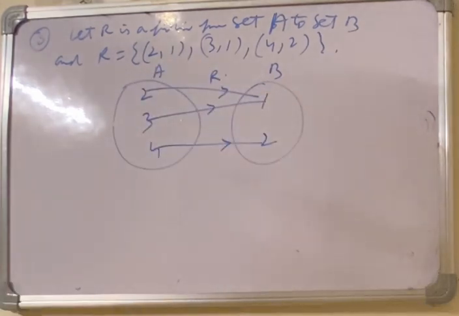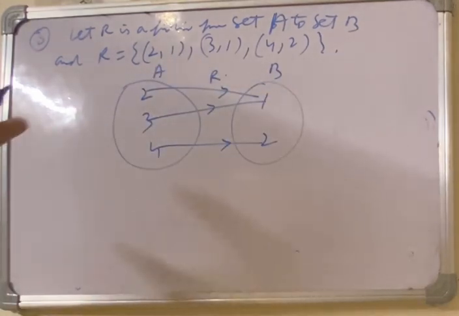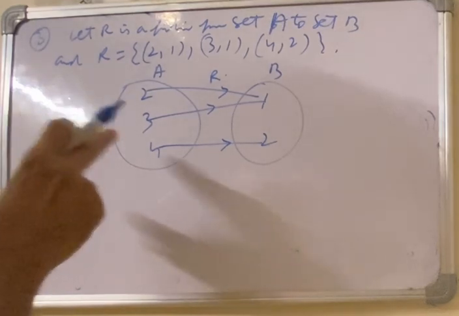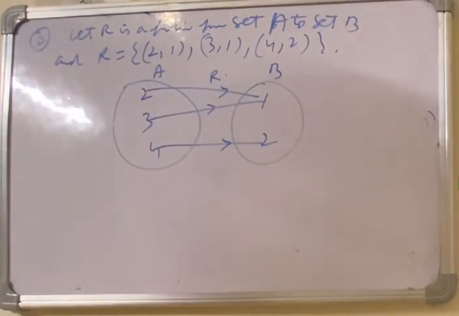Now we can see that no element of set A has more than one image in set B.